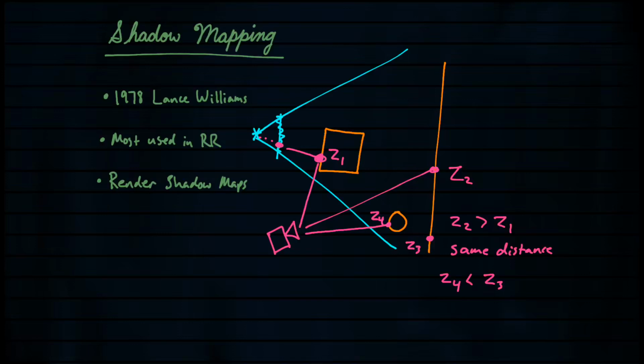Now there are some problems that can creep up with Z buffers, with shadow maps, and that is when the light map and the object are not perpendicular to each other. So let's see what that looks like. Let me just erase this real quick.